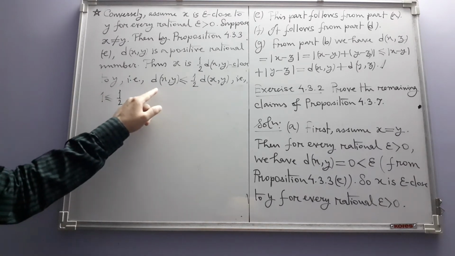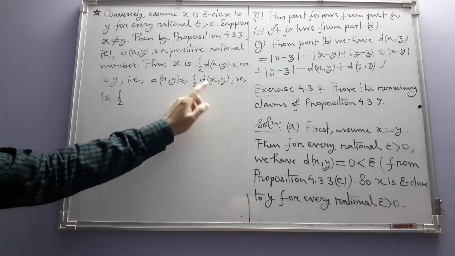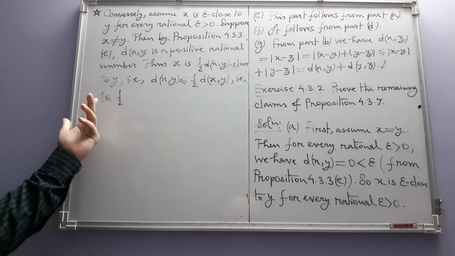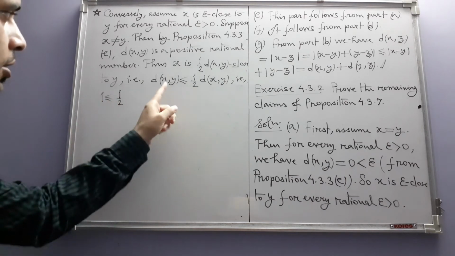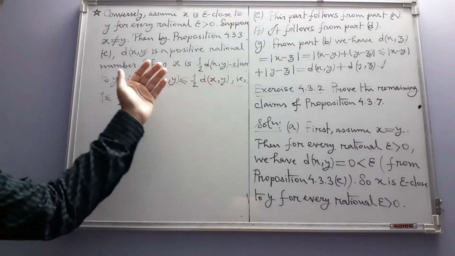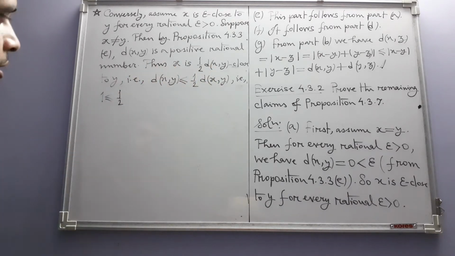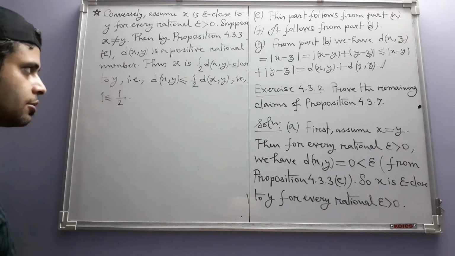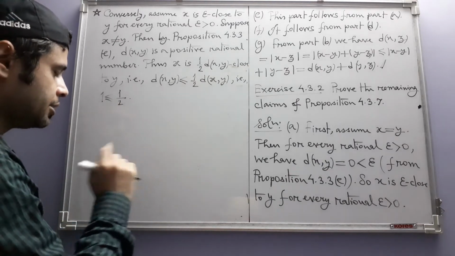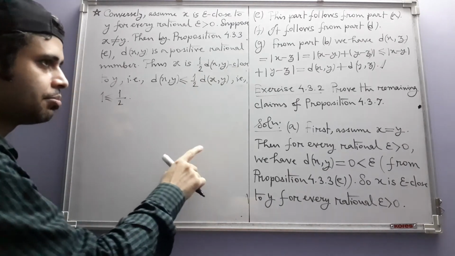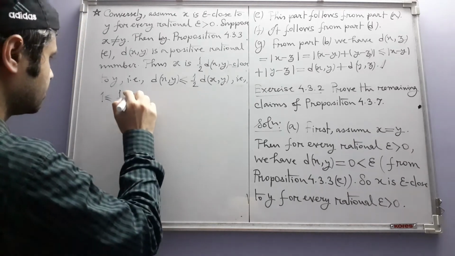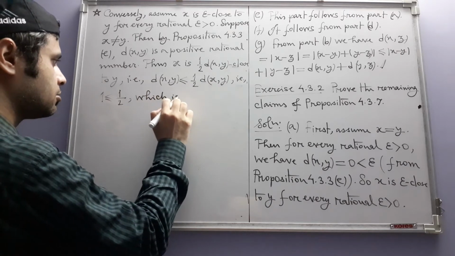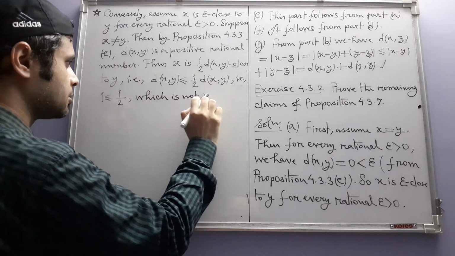What we are doing here is dividing this inequality on both sides by d of x comma y, which we can do without changing the direction of the inequality, because this is a positive rational number. So its reciprocal will also be a positive rational number. So here we have used positive multiplication preserves order. Which is not possible.